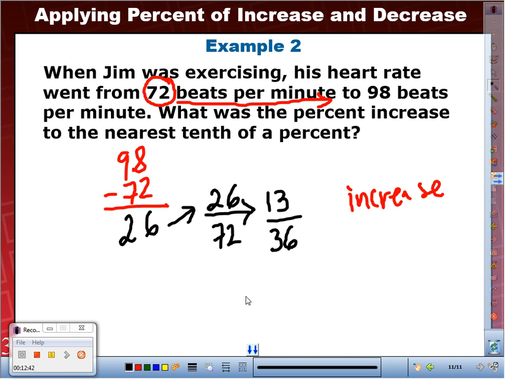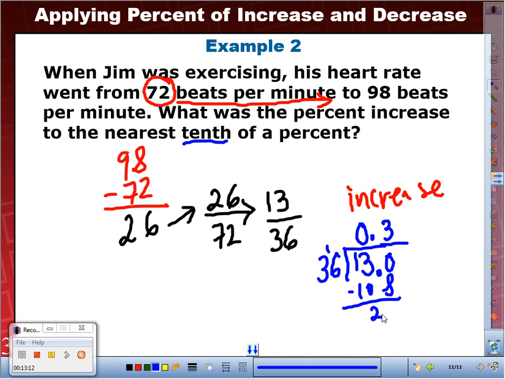Now let's divide so we can get our decimal. We got 13 divided by 36, because it says here, round to the nearest tenth of a percent. So let's see, does it fit in here? No. Add a decimal. 0. If it's in there, what is it? 3. That's 18. I got 1. That's 9. That's 10. And that is 22. Add another 0.